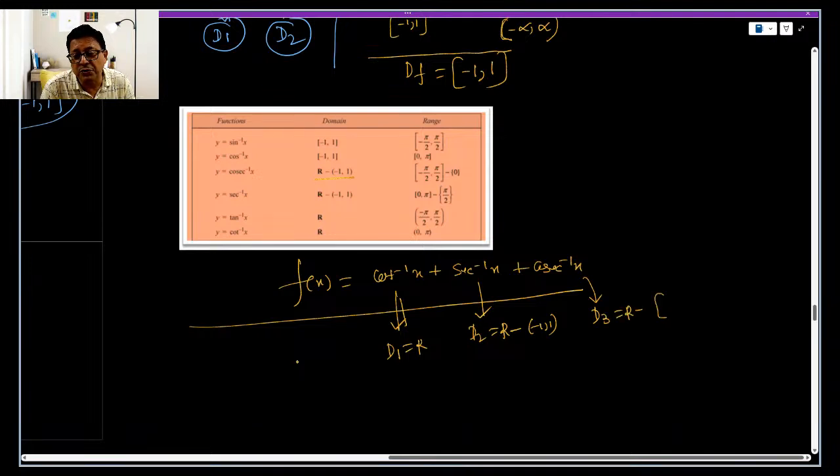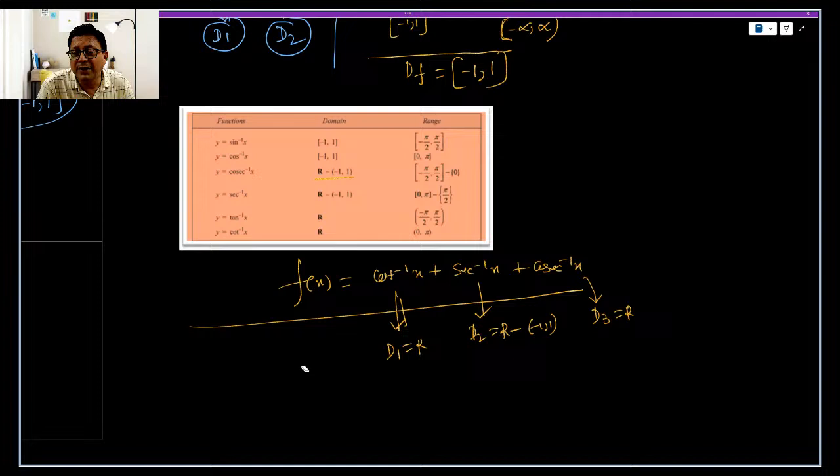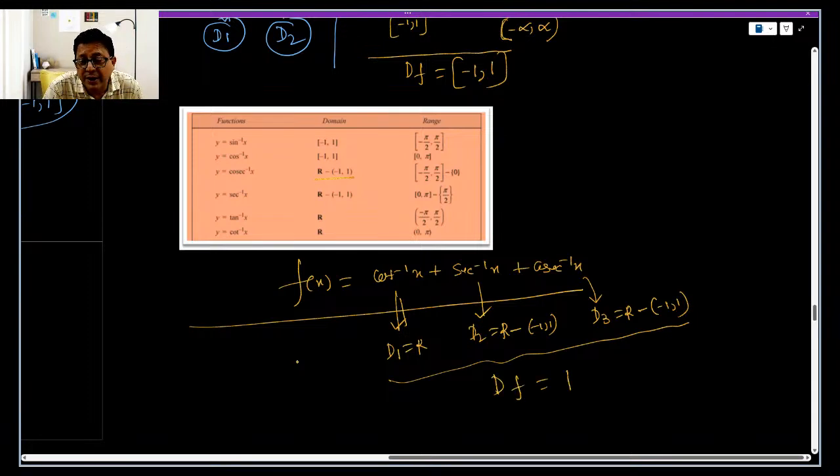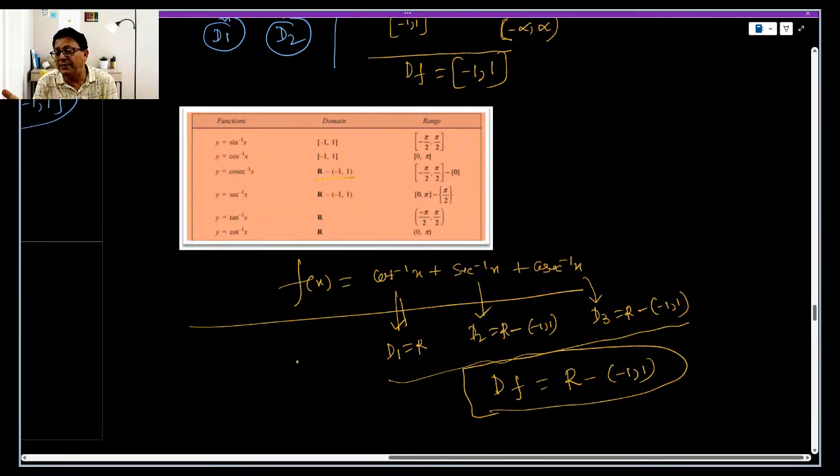D3 equal to R minus (-1, 1). Clear? So the domain of these three functions is their intersection. So the domain will be R minus (-1, 1). Clear? All these are CBSE board type. You will find this kind of sums in the NCERT and exemplar book. I am not saying that the exact sum is given. Now you can approach sums on domain and range from your textbook.